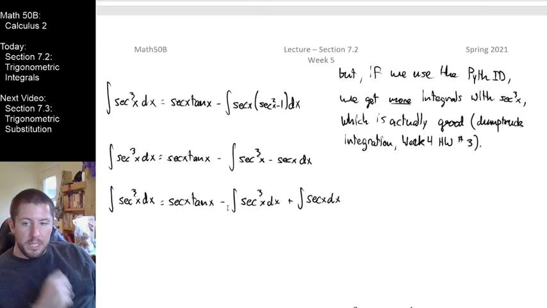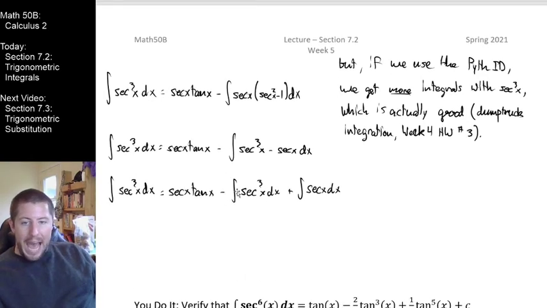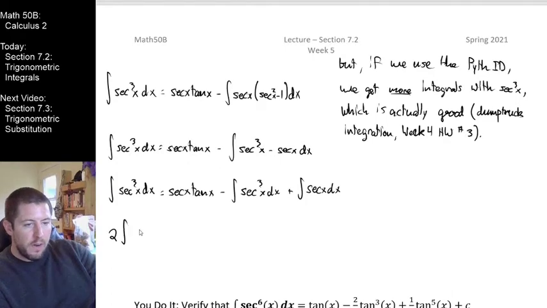So there's two things I'm going to do on this next line. One, I'm going to add this integral of secant cubed over to the left to get two copies of it. Two, I'm going to rewrite my integral of secant as exactly the result that we got in the previous example, and we're actually done. This is a very sneaky roundabout way to come at this solution, right? So we're getting two copies of secant cubed of x dx equals secant x tangent x.